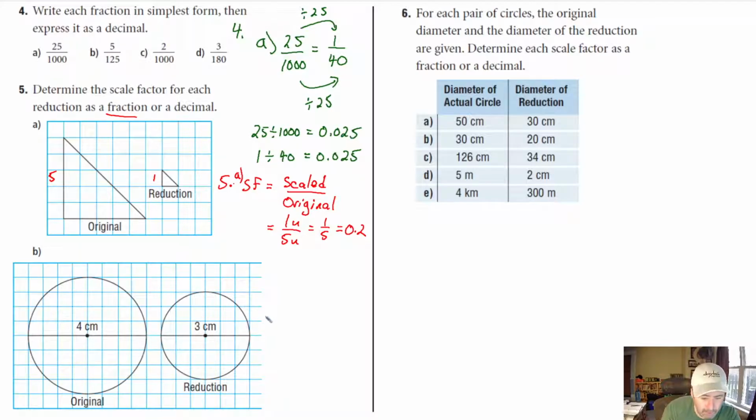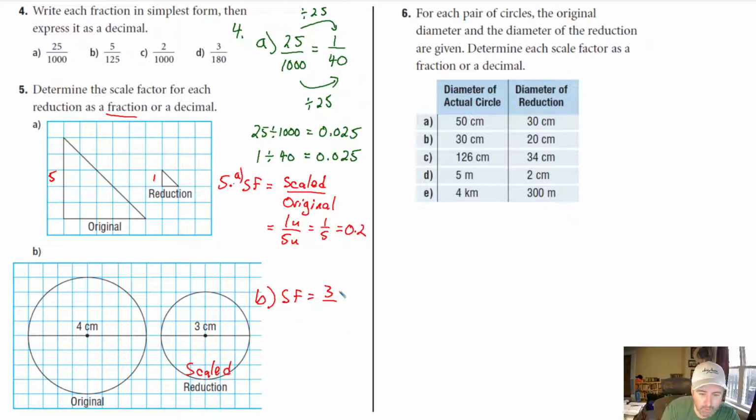For 5B, again, they've given us the measurements, which is kind of nice. For 5B, your scale factor is still the scale diagram on top. So the 3 would go on top, because that's our scaled, divided by our original.